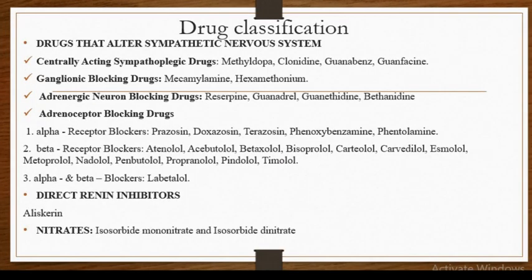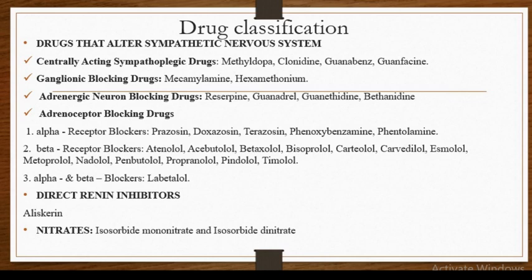So when we move on to the drug classification, the main drugs which are used in the management of hypertension, the first one we can talk about are the drugs that alter the sympathetic nervous system.